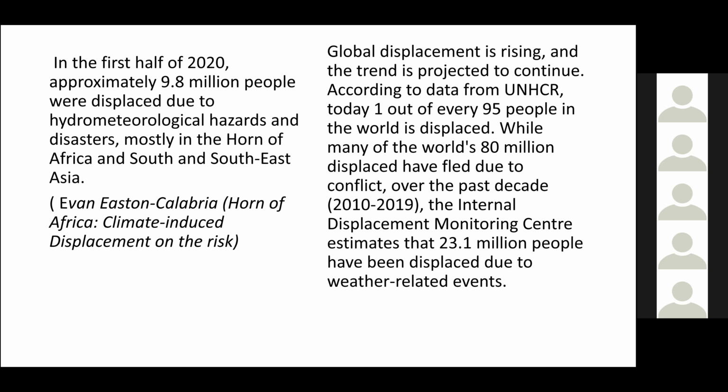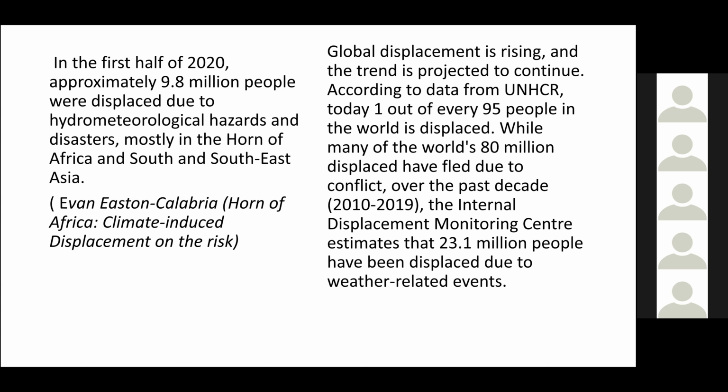So again, it says that global displacement is rising. We are in 2021. Global displacement is rising and the trend is projected to continue, which means that with natural disasters, if the world doesn't take awareness of how to deal properly with this, our situation will worsen.